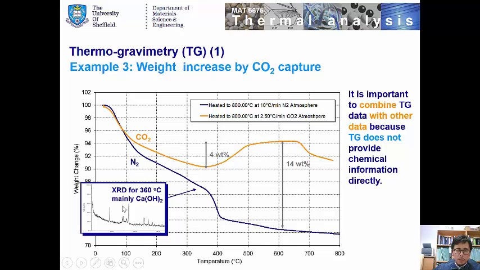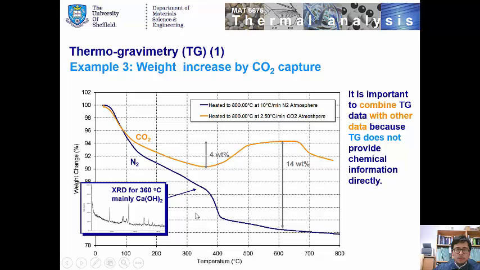So in this particular case, this original material heated up to 360, okay, and analyzed using X-ray diffraction and confirms the material contains calcium hydroxide.